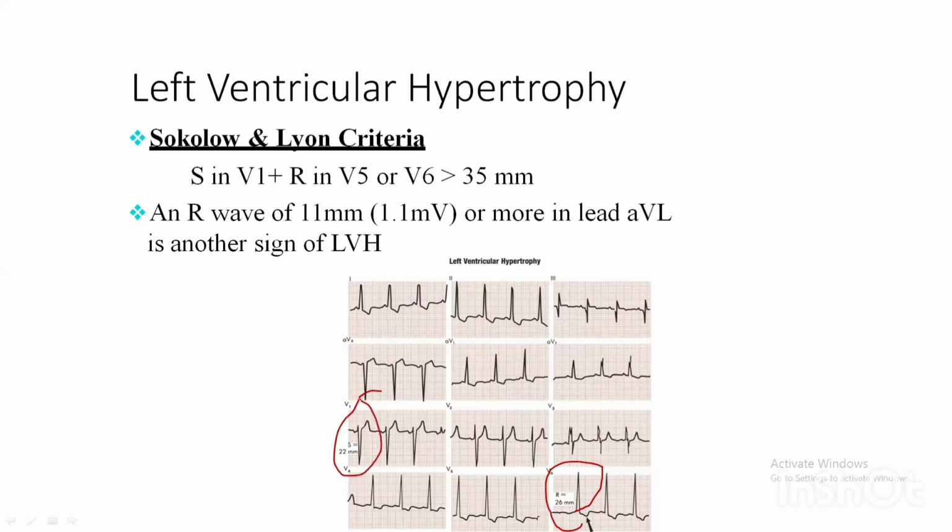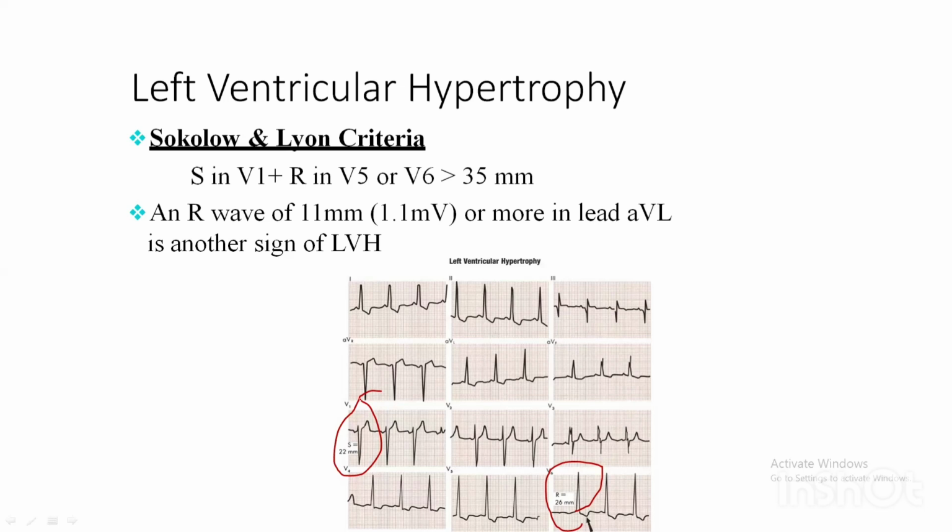If we add them, here it is written, they have done it for us: R in V6 is 26 and S in V1 is 22. So if we add them, it should be more than 35. If we add them, what will come? 22 plus 26, it is 48. So it is fulfilling the criteria of left ventricular hypertrophy.